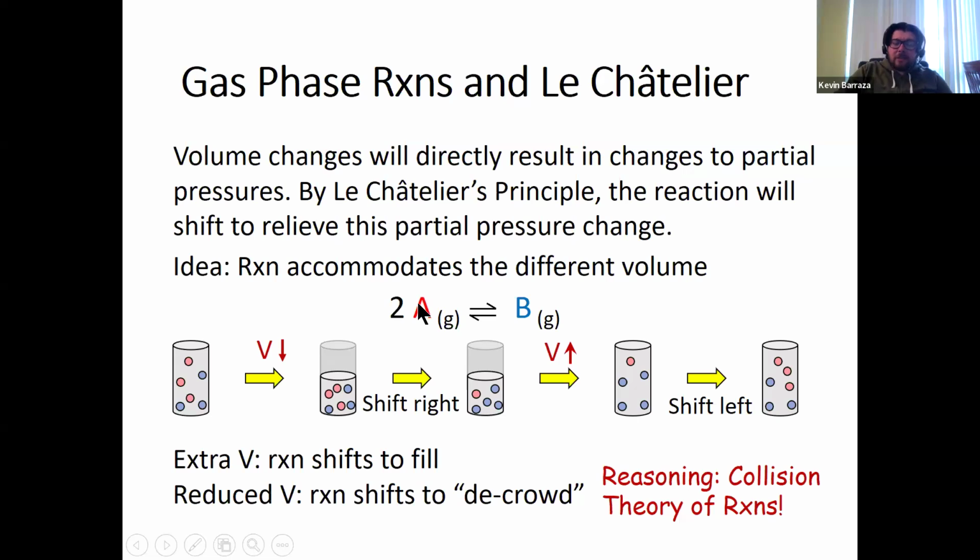It is more likely two A's will bump into each other to make a B. So the whole idea behind how this works goes back to particles having to hit into each other. Does making the volume bigger or smaller make that less likely or more likely? So there's a connection to what we talked about before.